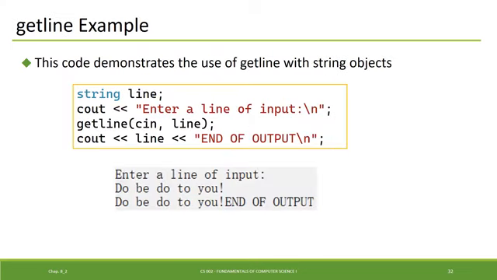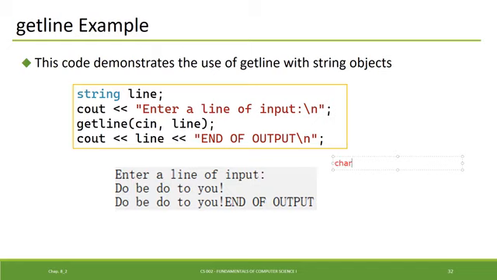Okay, and guys, do you remember getline? Chapter 8 is not that hard, but sometimes it is very confusing because you should know what can be used for the C string and what can be used for just a string.